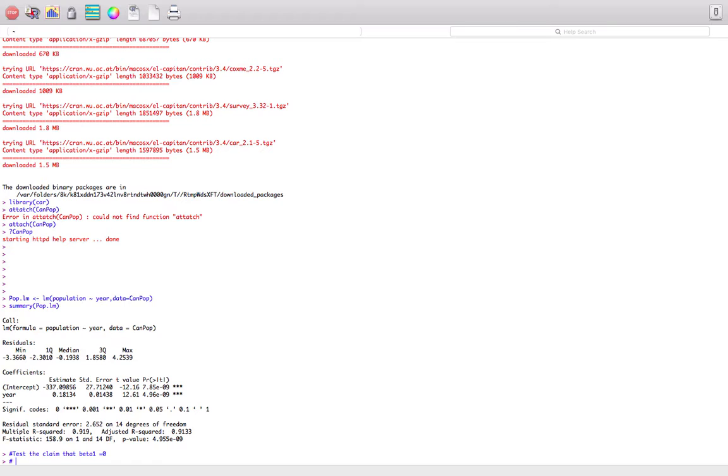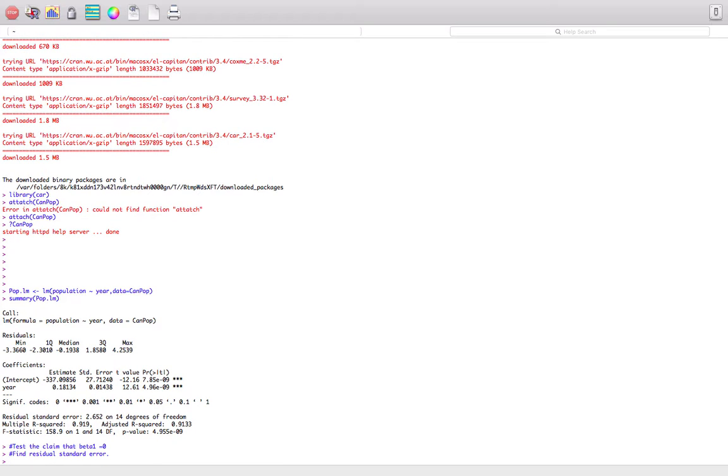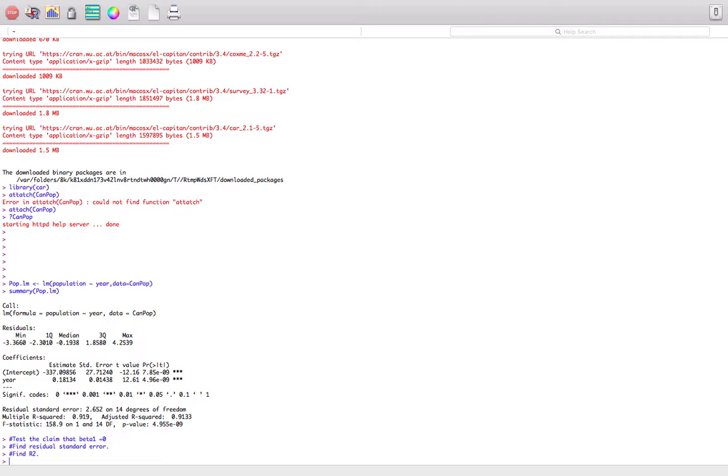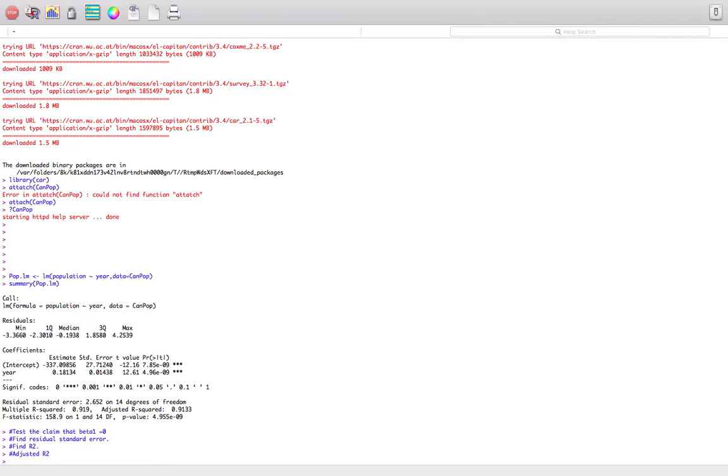And I might say find residual standard error. Find R squared and find adjusted R squared. Okay.